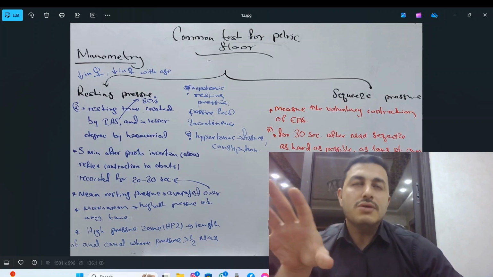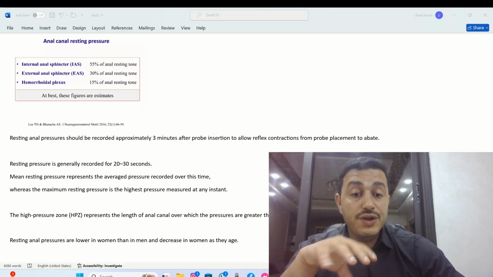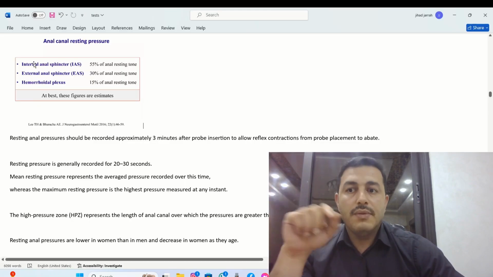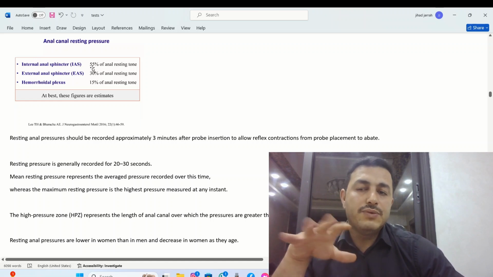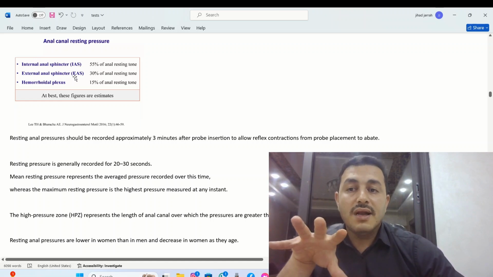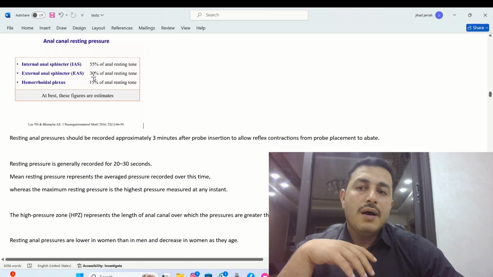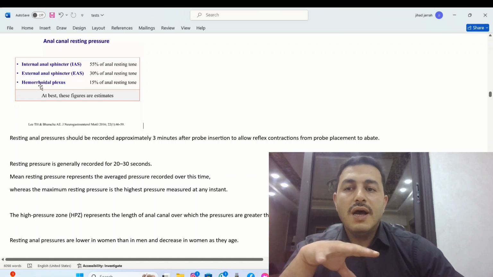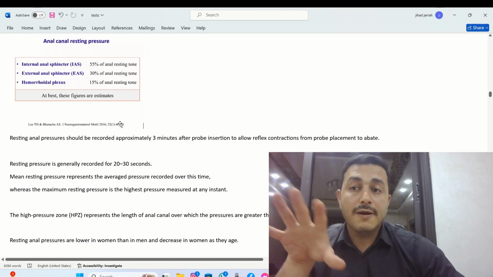So when we measure the resting pressure, we are measuring the function of these items. The internal anal sphincter up to 55, no, it's a little bit higher. External anal sphincter up to 30 percent of the anal resting tone, and hemorrhoidal plexus 15 percent of the anal resting tone.